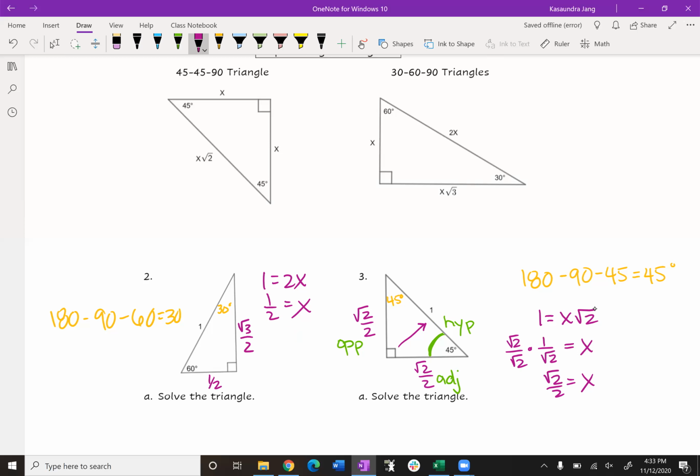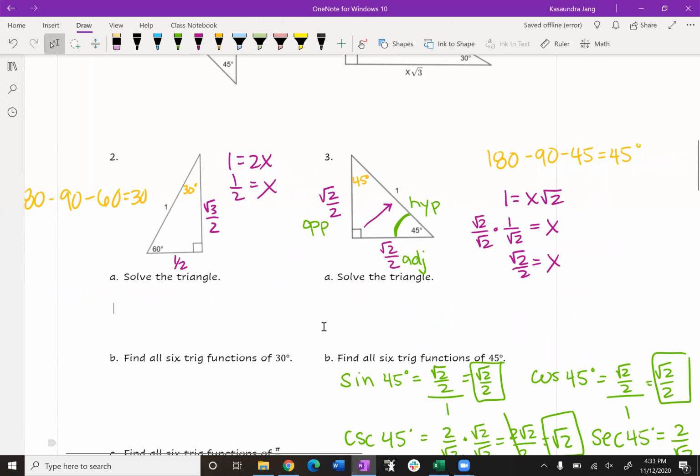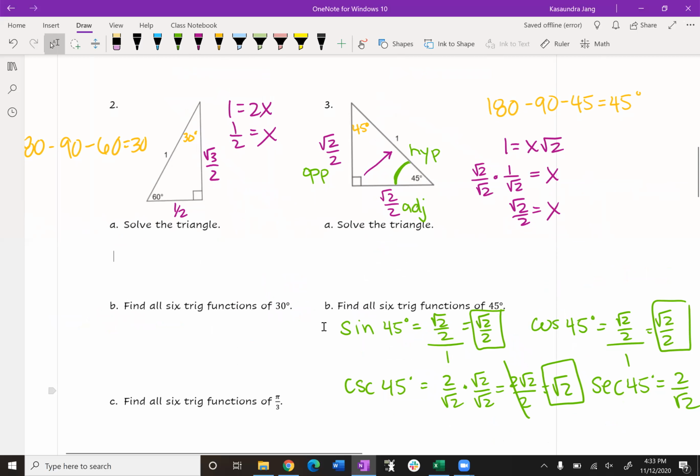Okay, so as far as solving the triangle, we now have all 3 angles and all 3 sides. We have solved the triangle. And we are going to find all 6 trig functions of 30 degrees. So in this case, if the 30 degrees is the angle we're going for, opposite of the 30 degrees is the 1/2.